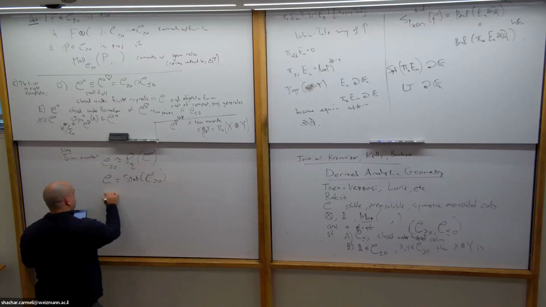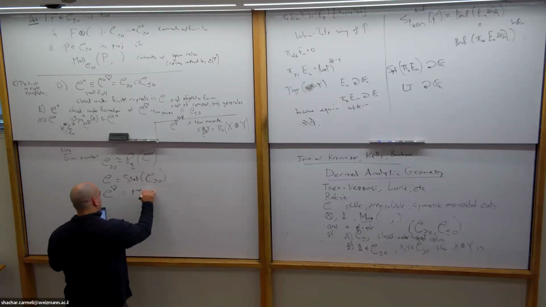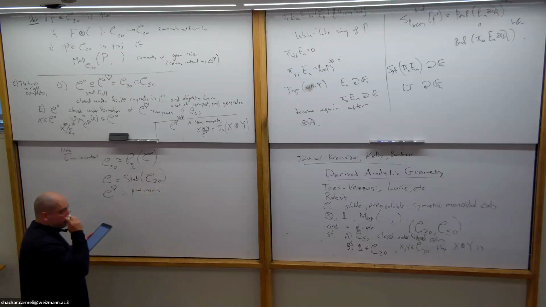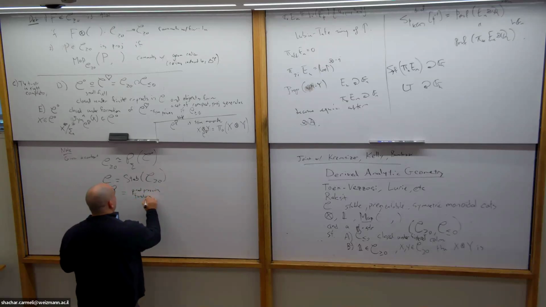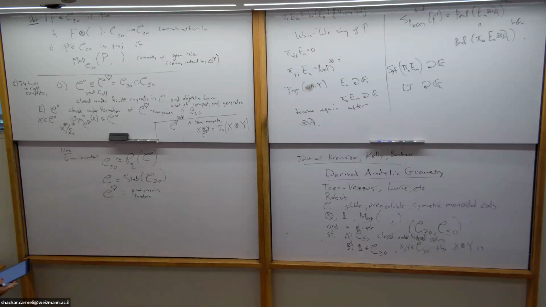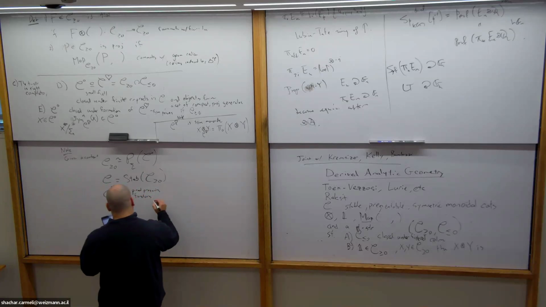And C♥ you can recover, so you could have just started from an abelian category. Yes, you can start with compact projective generators of an abelian category. I'm going to give another example in a second.